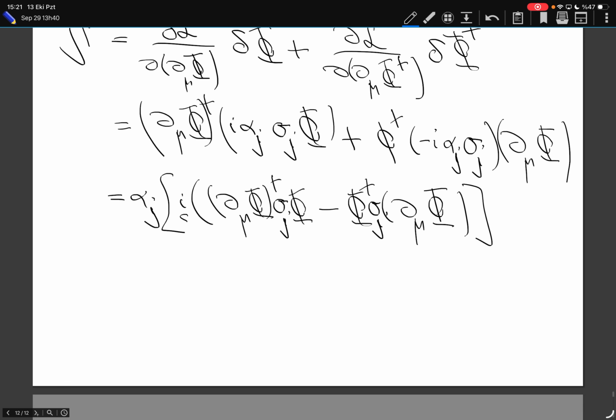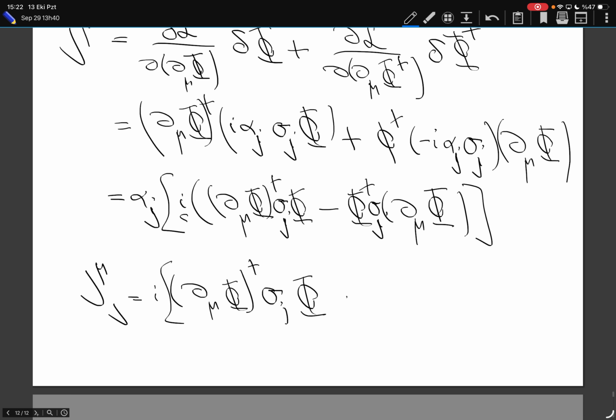So all of these for each j from 1 to 3 are conserved. I have 3 conservation laws, not 1.